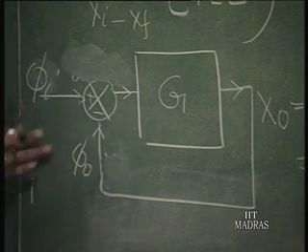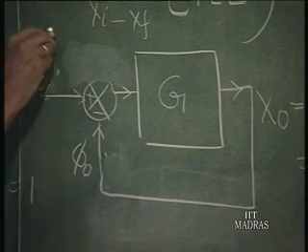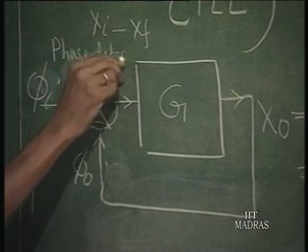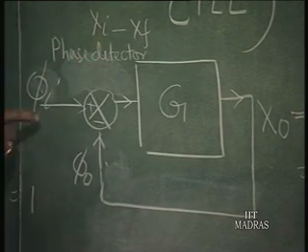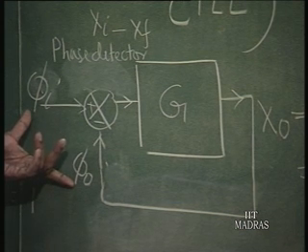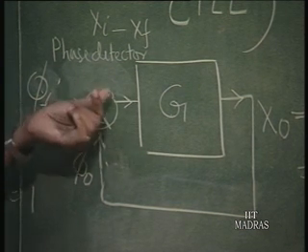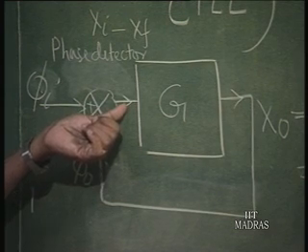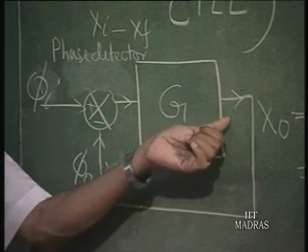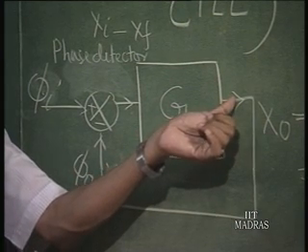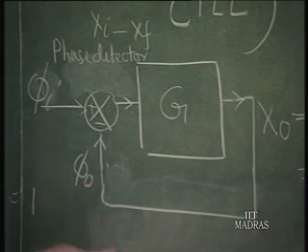This is going to be therefore called a phase detector. That means, a phase detector is something that when phase difference is given as the input, it will give you a DC output corresponding to the phase difference. This DC output is amplified, and this output of the amplifier has to be converted again into phase.